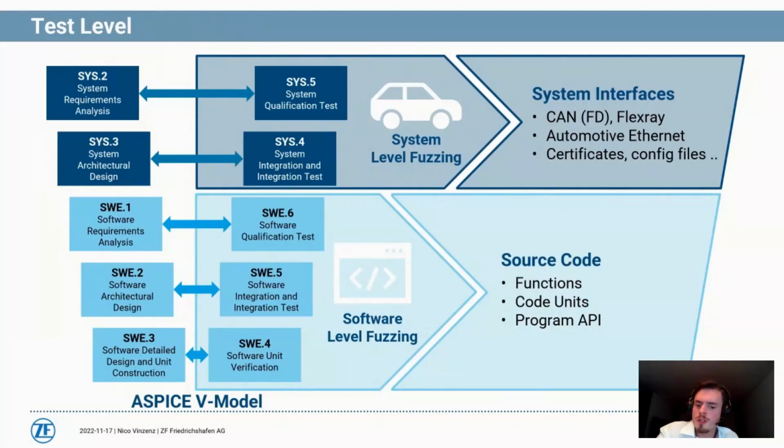So we can already start fuzzing single functions, code units or attaching to a program API, whereas on the system level, we would already have a completely integrated system, which provides us with system interfaces which we could fuzz, such as, for example, CAN, FlexRay, Ethernet, or also some files which we could supply, such as config files or certificates.